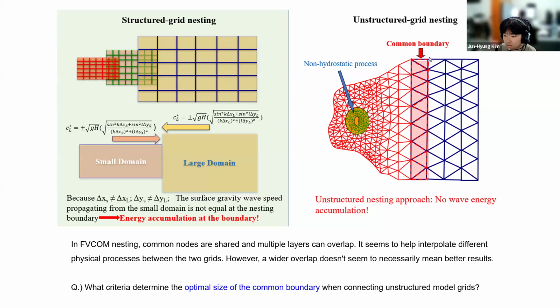I think this could help interpolate different physical processes like waves and elevation between the two grids. But a wider overlap does not seem to necessarily mean better results. So my question is, what criteria determine the optimal size of the common boundary when connecting unstructured model grids?